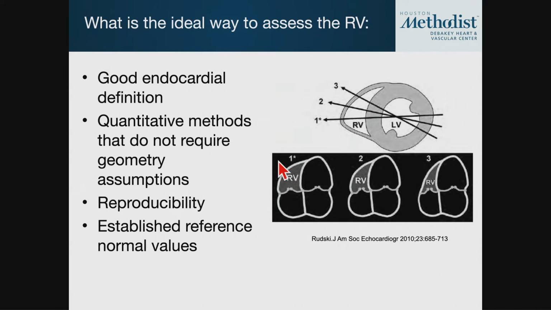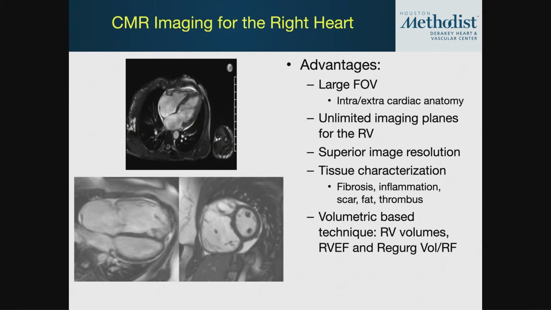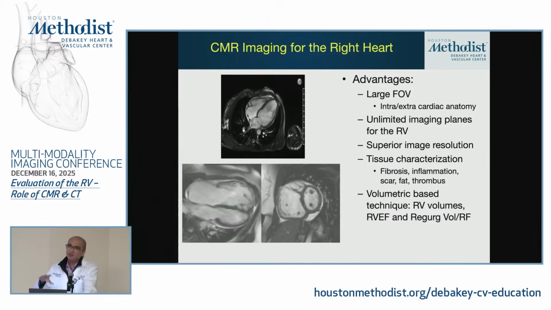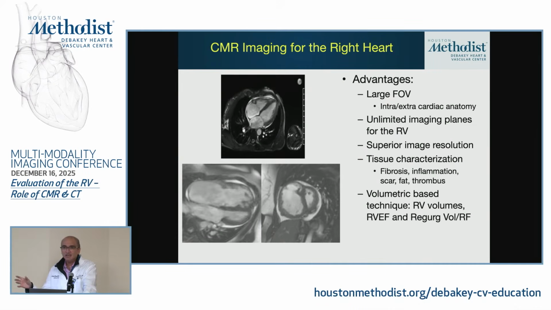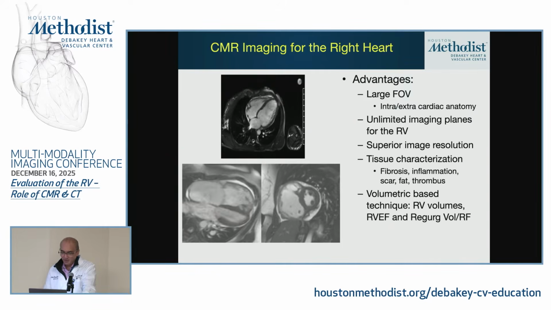When looking at images, you want to recalibrate your eyes, because on echo there's a convention that if the right ventricle is bigger than the left ventricle, it's probably dilated. That's actually not the case on MRI, because on a four-chamber view you're trying to open up the right ventricle maximally, and we know that the true volume of the RV is actually bigger than the volume of the LV, so the RV should be bigger than the LV.